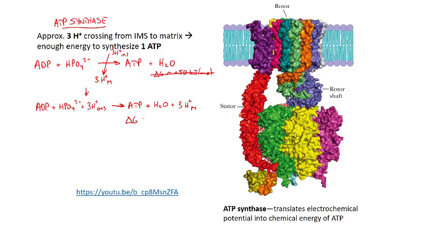And the overall delta G, it's right around 0. It's actually slightly negative, so this reaction does happen spontaneously, okay? So it's slightly negative, and therefore ATP synthesis is possible.